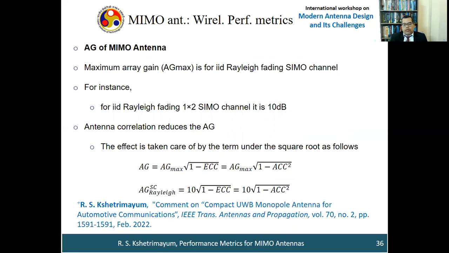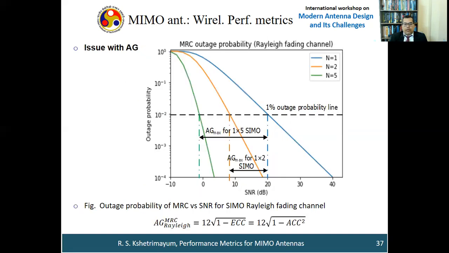This is possible only when you have a 1x2 MIMO system over IID Rayleigh fading channel. So for MRC, the array gain for Rayleigh fading channel is 12 times square root of 1 minus ACC, or 12 times square root of 1 minus ACC squared.